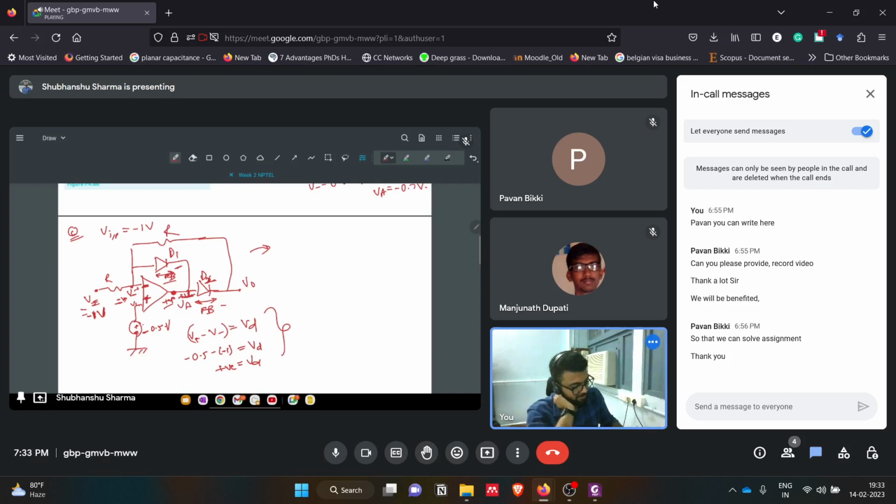But what if this was minus 2 volts? Now what will happen? Now this is easy to answer. So in this case, this is minus 2, this is minus of minus 1.